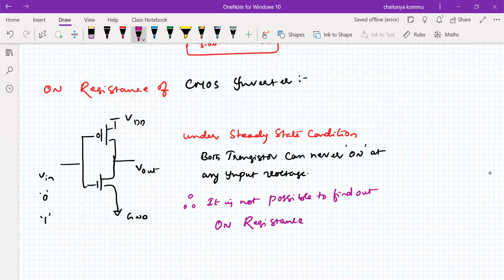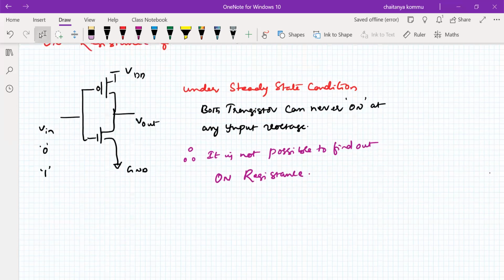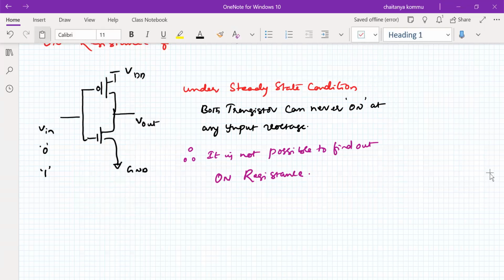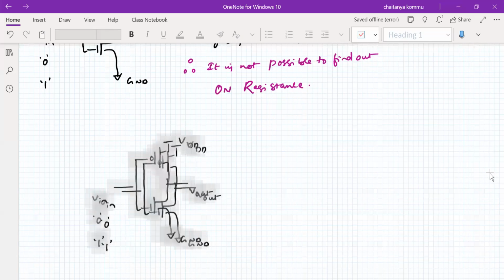But we can individually calculate the resistance offered by this PMOS and the resistance offered by the NMOS also. So let us consider the individual resistance offered by the CMOS inverter.